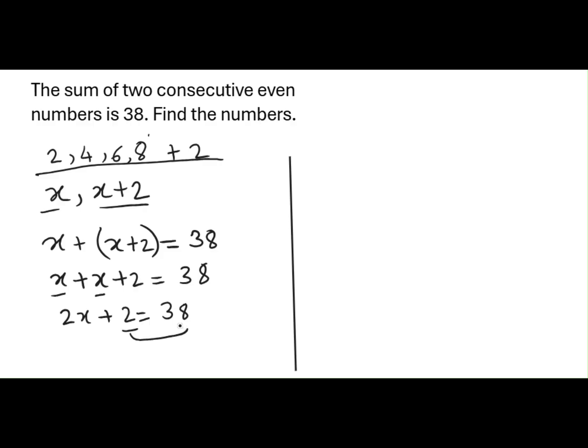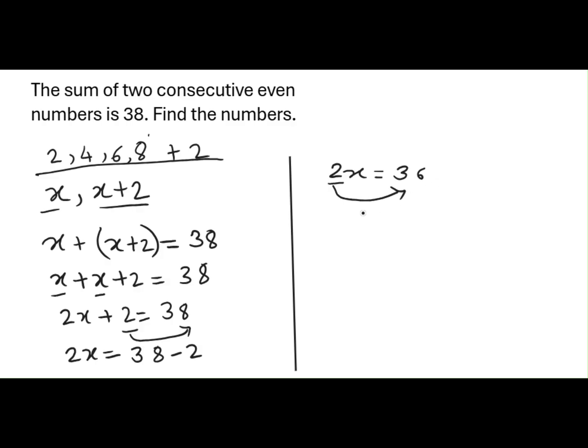Now the 2 here can go to the other side and it will carry a minus sign. So here we will write 2x is equal to 38 minus 2. Now we can subtract this and we will get 36. So we will write 2x is equal to 36. Now this 2 here is in multiplication form.